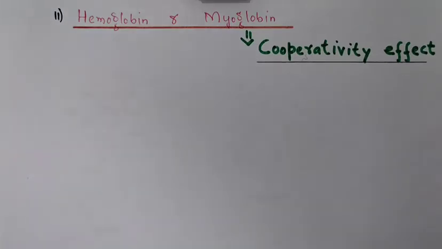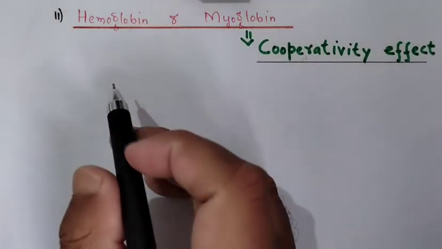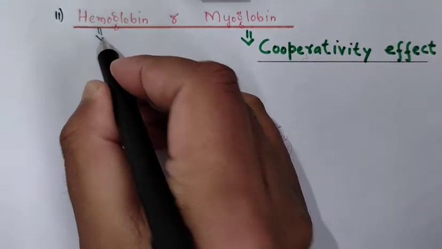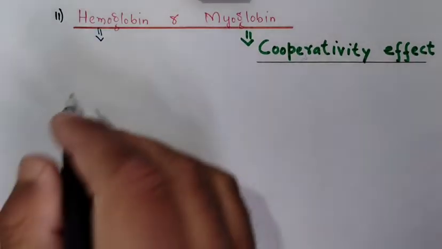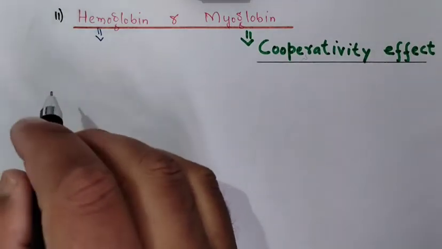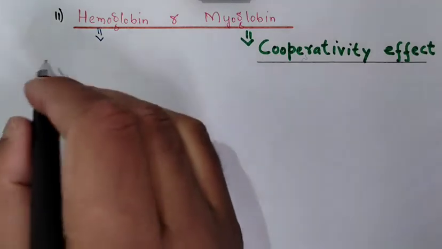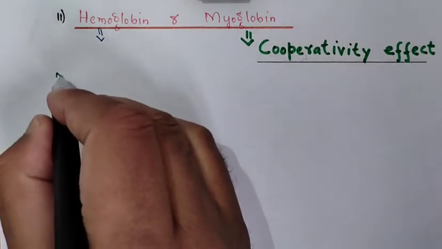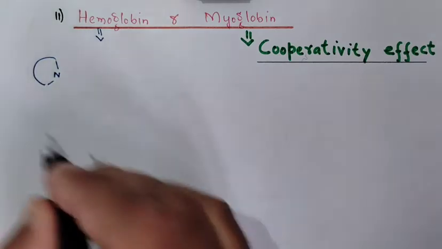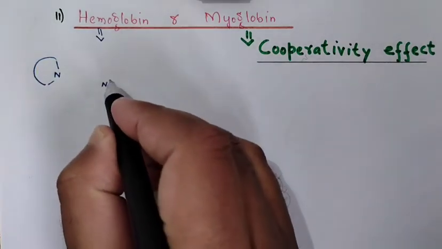Before we go to the cooperativity effect, we'll go back to the structure of hemoglobin. What did we say about it? We have the head, that is the heme protein, the heme group, with 4 nitrogens and 4 pyrrole rings.